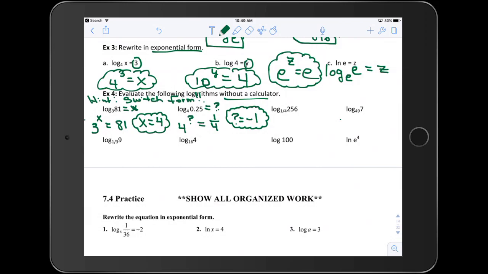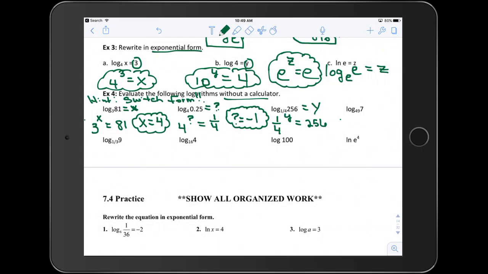So log base 1/4 of 256 is equal to what? And I'm going to just, for fun, change it to a y now, just so again you can see it does not matter. So I'm going to go 1/4 raised to what power is going to give me 256?